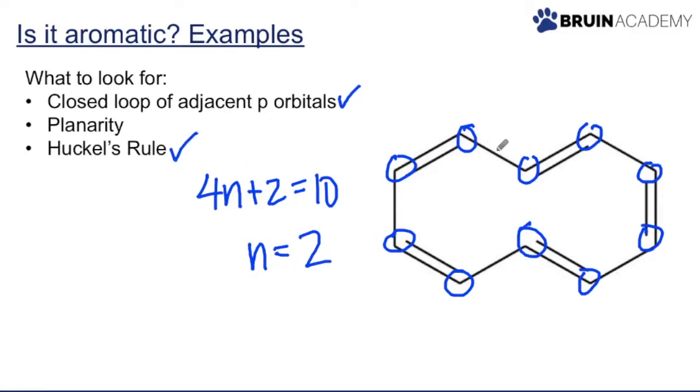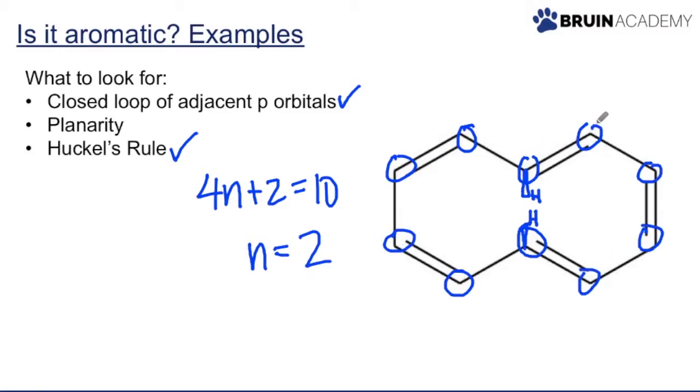Then we're going to look at planarity here, so let's be careful, because if you imagine what the 3D structure of this molecule might look like, and it's good to have some kind of model kit to view this, these hydrogens are actually going to be coming in and trying to occupy the same space. If we were to make this a planar molecule, it's very unlikely.